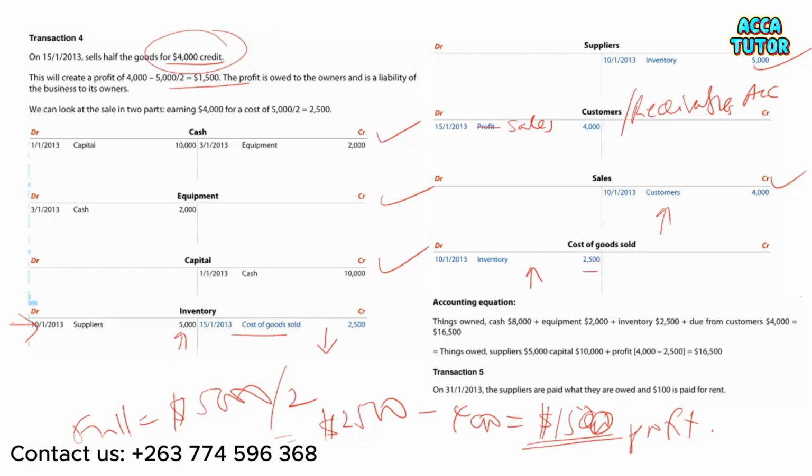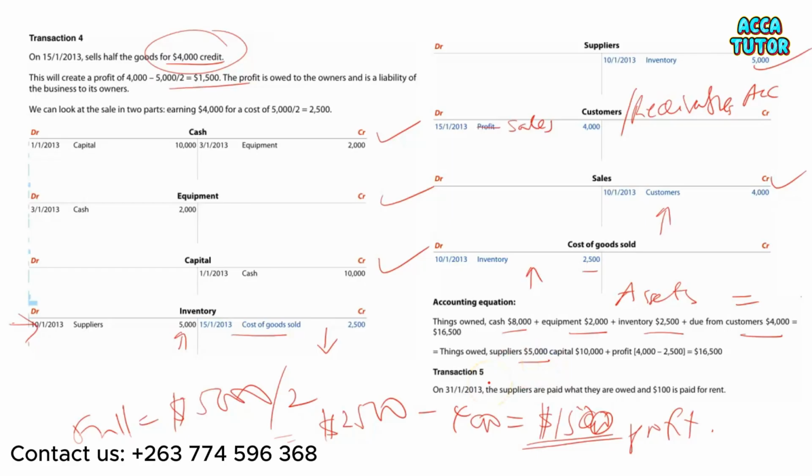So let us formulate the accounting equation given the information which we have touched upon so far. The things owned by the business are still cash 8,000, equipment 2,000, inventory now 2,500. Why? Because the other 2,500 has been sold. Then the amount due from customers, that is the receivables of $4,000. All these are the assets, which are equal to the things owed to suppliers, the 5,000.